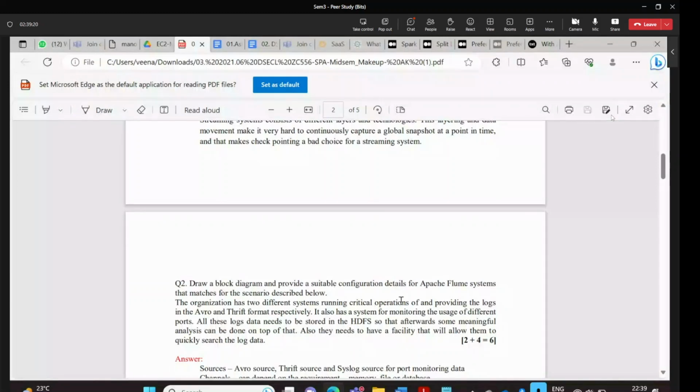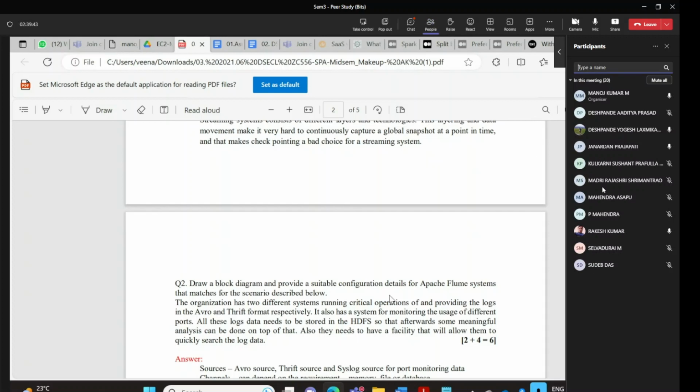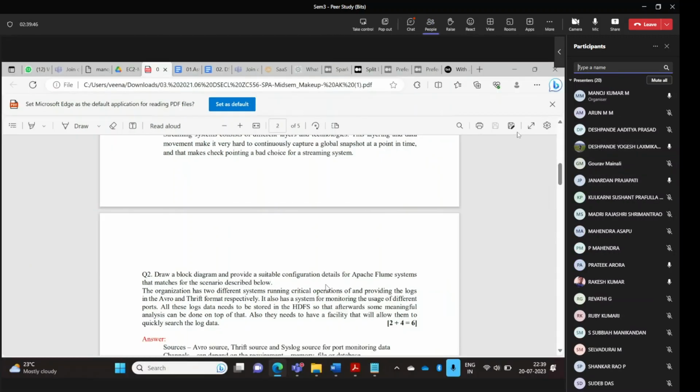Flume or Apache Kafka, which does batch processing? The organization has two different systems running critical operations. I think Flume will be better.